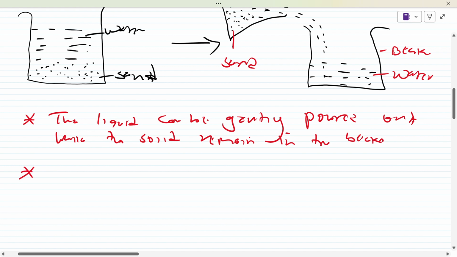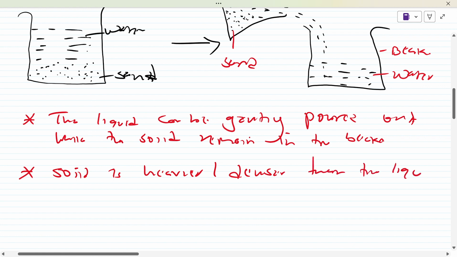Decantation is majorly possible when the solid is heavier or denser than the liquid. You have to take note of that.